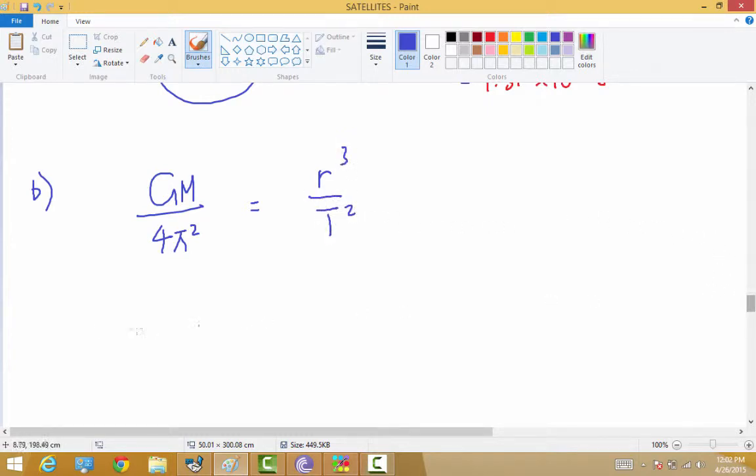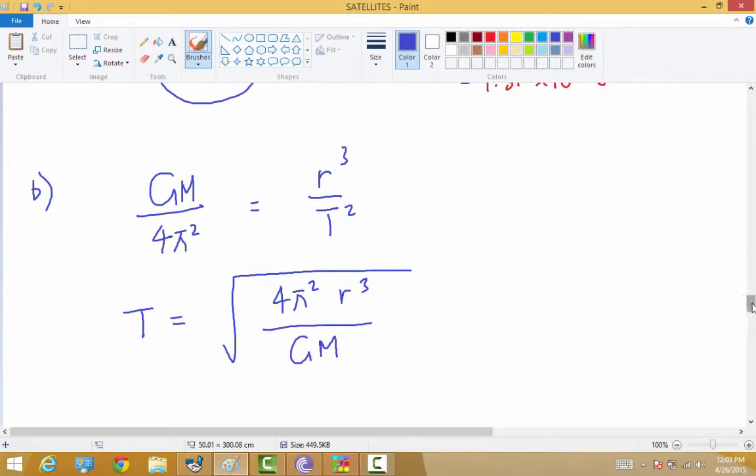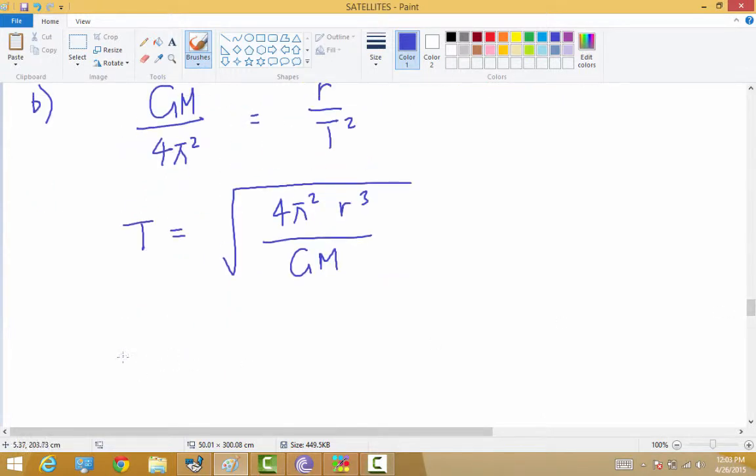We can rearrange this formula to make the period the subject, and we get T squared equals 4 pi squared R cubed over GM. So now we just put the figures into the formula.